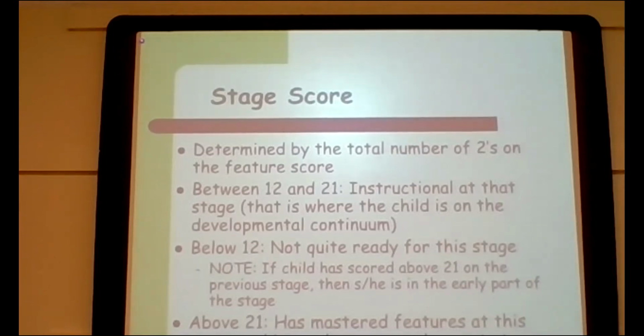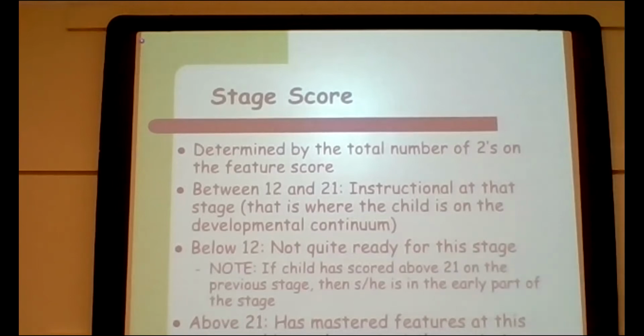If they're below 12, 0 to 11, then they might not quite be ready for the stage, and we have to go down and give them the stage before. Now, in the letter name stage, there is not an assessment before. So we can't give them another assessment. So we would say he's early in the stage, and we would figure out what he needed to work on in this stage. If they're above 21, then we would go to the next stage and give them the next stage assessment.